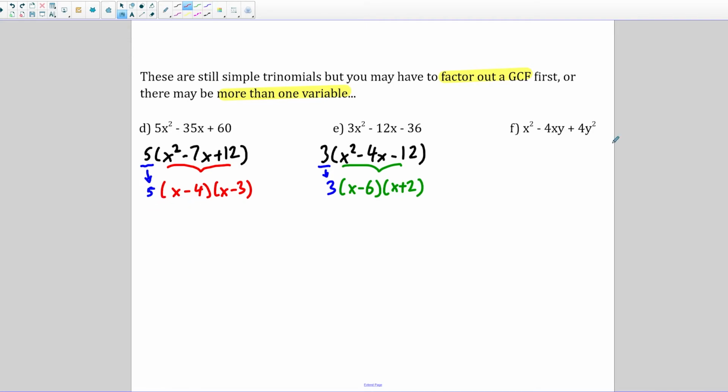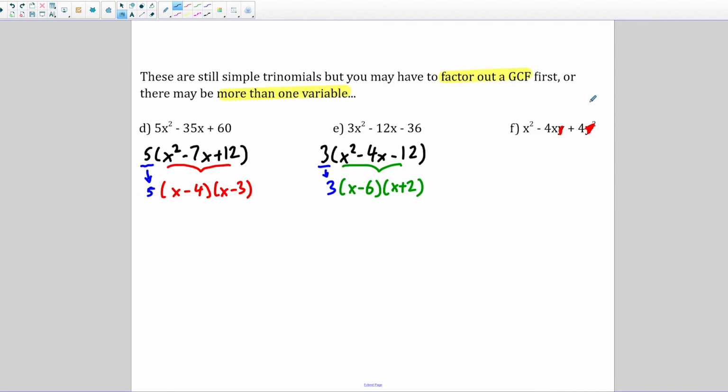There are a few different ways to approach this last problem, but typically what I tell students is to simply ignore that extra variable. So we're going to ignore the y for this middle term, and we're going to ignore the y squared at the end of your third term.